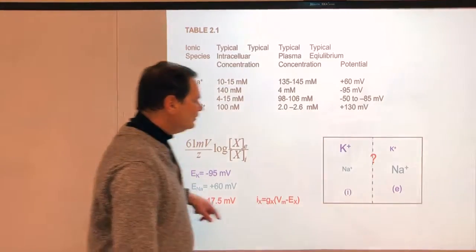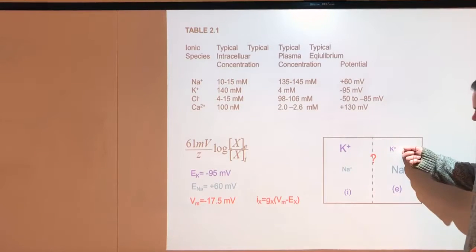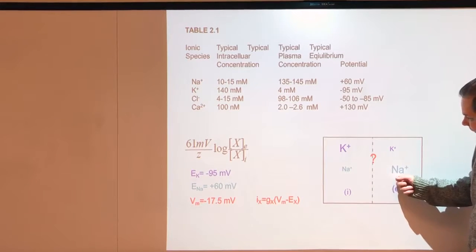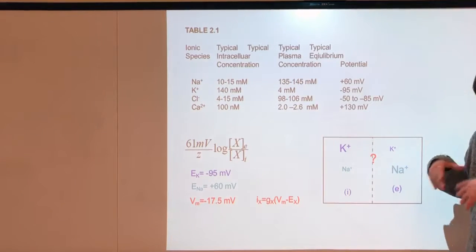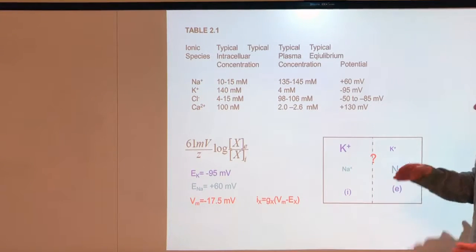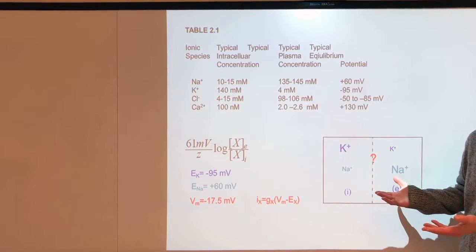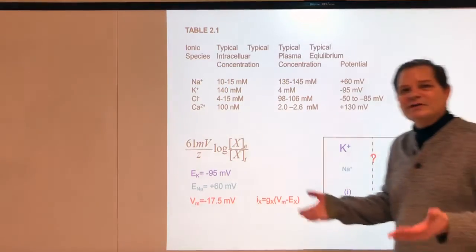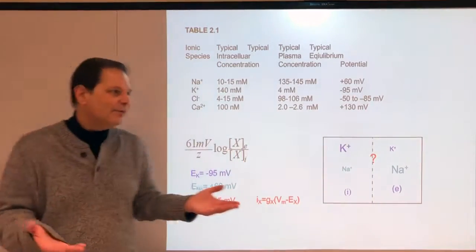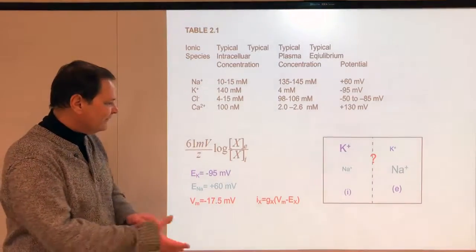At that potential, you still have potassium flowing from inside to outside, and you still have sodium flowing from outside to inside, but the flows are equal and opposite. Because they're equal and opposite, you get no net change in the charge, which means you're holding at a steady voltage. The steady voltage here will be halfway in between, -17.5.